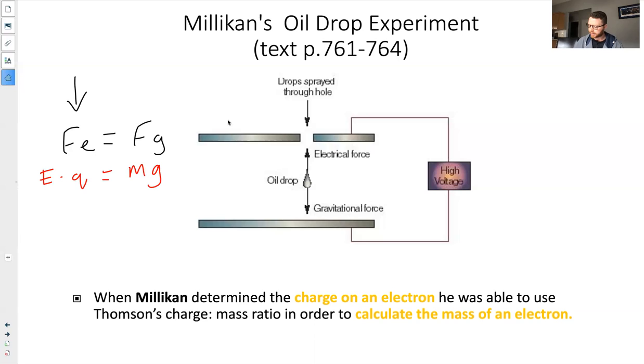In this case, this is the mass of the oil drop, which he knew. And from that, he was able to calculate the charge of the electron, right? That was a pretty big discovery, and that was in 1913.